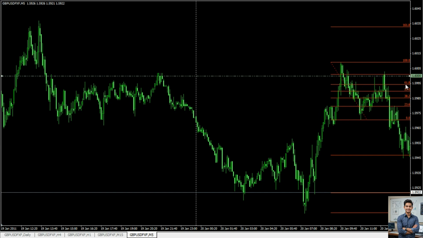Alright, here's the 62% retracement level and the 79% retracement level. Between the 62 and 79% retracement level, these are called deep fib retracements. The reason it's a deep fib retracement is that between this high and this low, the retracement is taking place almost all the way back to 100% of the swing. So deep fib retracement would be 62%, 79% retracements.